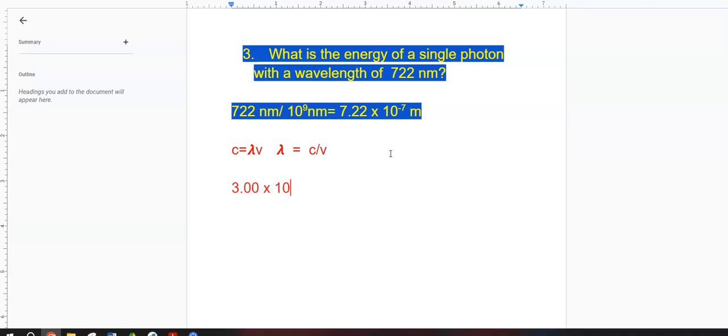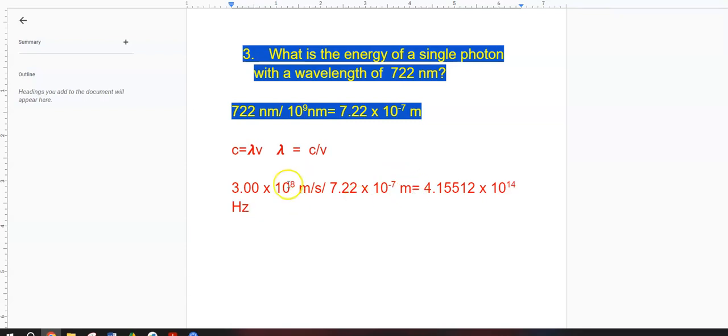So you should have done 3.00, right? This is the speed of light. And you divided it by our wavelength, 7.22 times 10 to the negative 7 meters, okay, which gave us like 4.15512 times 10 to the 14-ish hertz.